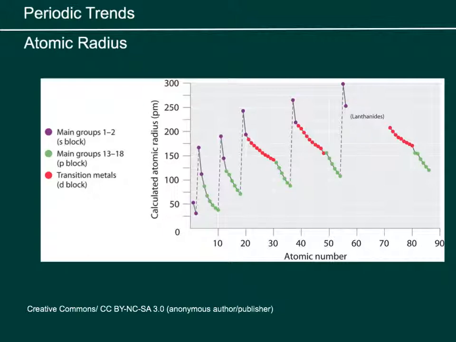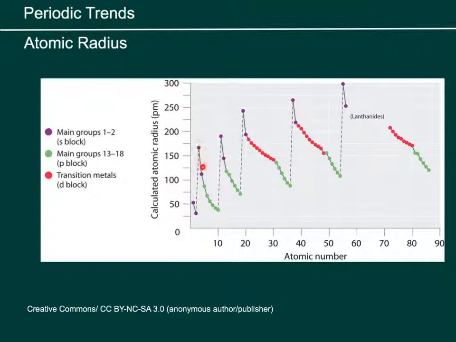That big jump is because at this point we've gone out from the 1s to the 2s. We're a whole other shell out, so this is further away from the nucleus. But as we work right across this row, the effective nuclear charge goes up, up, up, up, because we're adding more protons with some shielding, but not nearly the same level of shielding you get every time you jump a column.